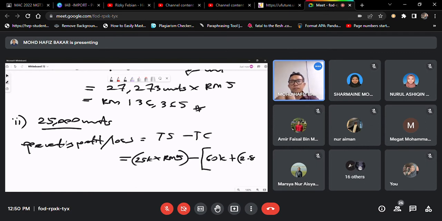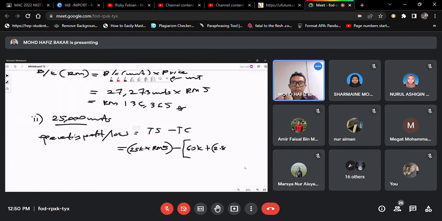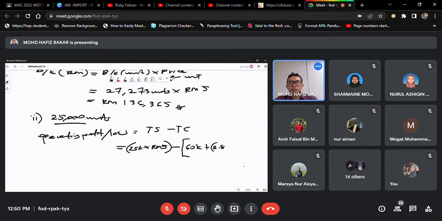2.8. Variable cost per unit RM2.80 times dengan volume or quantity which is 25k. 25k times 5 equivalent to 125,000 minus 2.8 times 25k, 70,000.